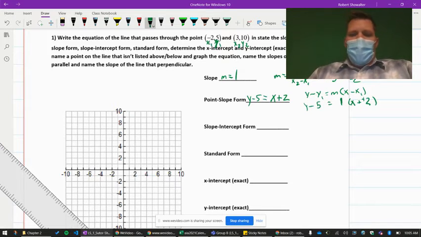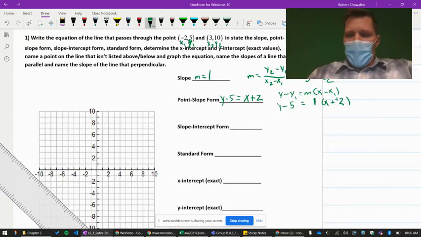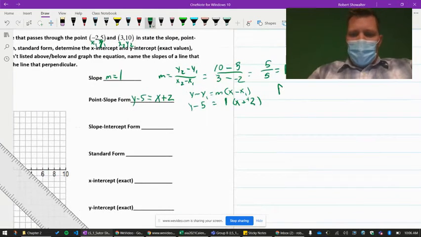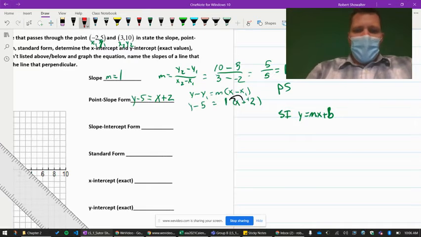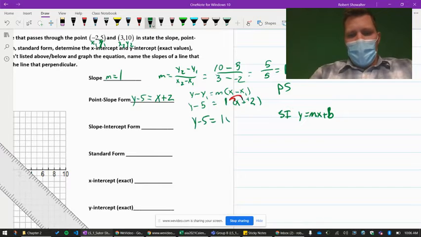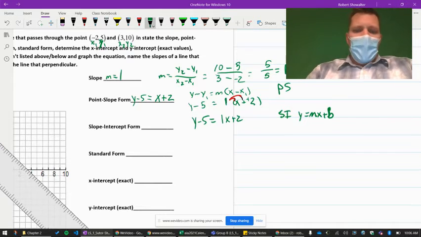After we do that, we're going to convert it into slope intercept form, which, if you remember, is y equals mx plus b. To get there, we're going to distribute and simplify. So y minus 5 equals 1x plus 2.